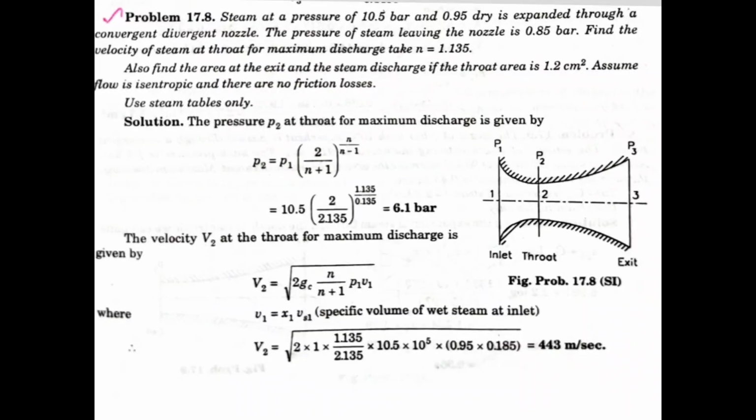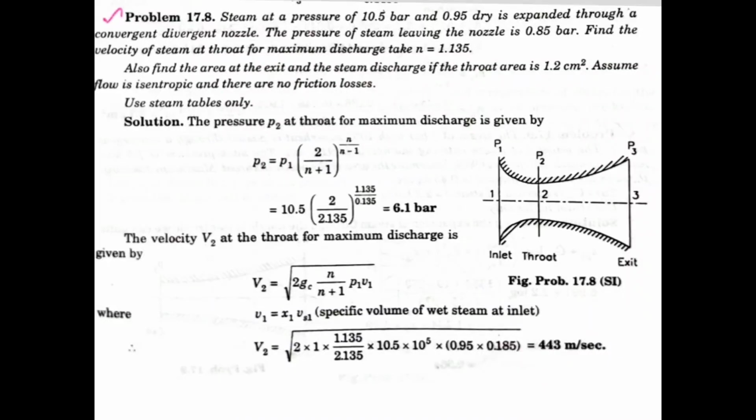Then the pressure of the steam leaving the nozzle is 0.85 bar. First of all, we should draw the convergent divergent nozzle, then indicate the initial condition, throat condition and final condition. Initial condition is 1, where the pressure is P1 and the velocity is V1.